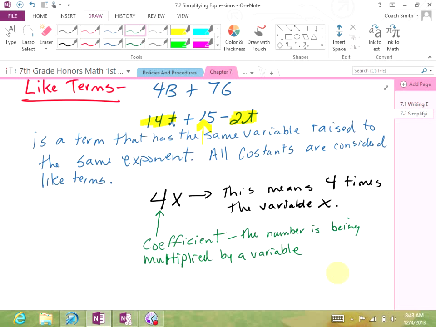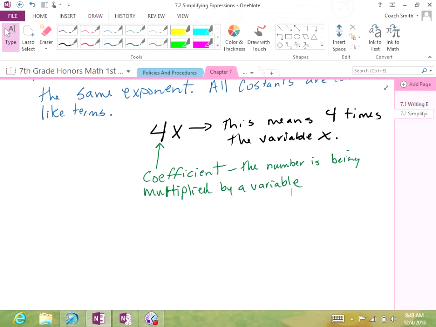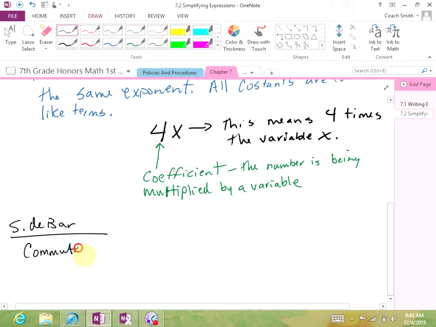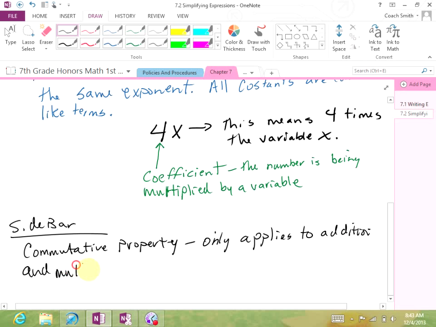Okay, now, let's have a little sidebar here and review a rule or a property. Commutative property only applies to addition and multiplication.